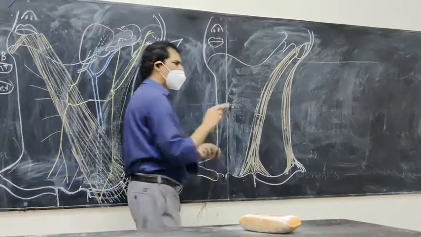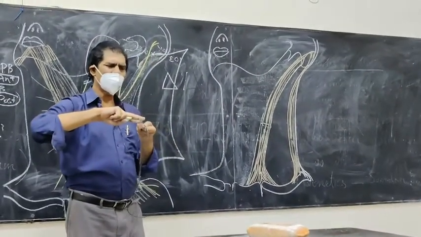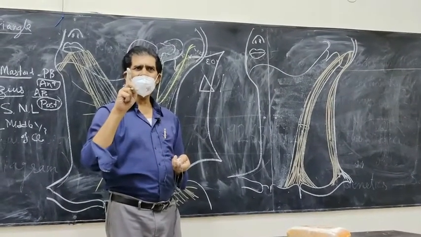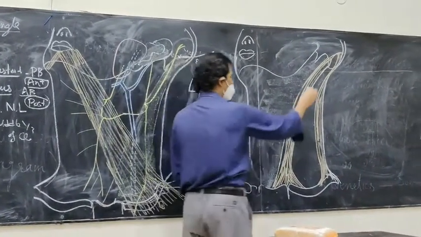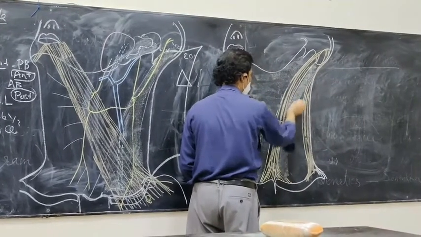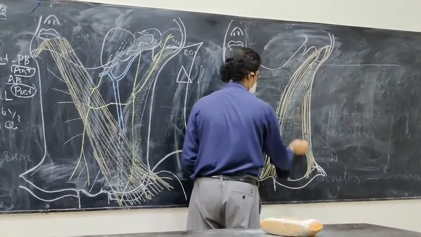And again, these two layers of the deep fascia meet together to form a single sheet of deep fascia, and this single sheet forms the roof of the posterior triangle.